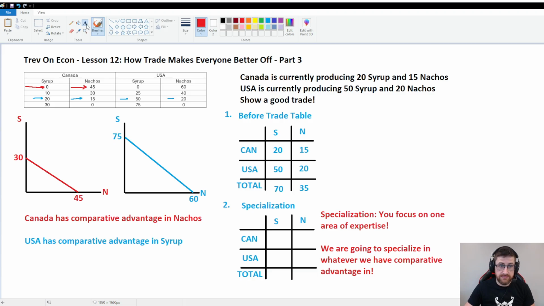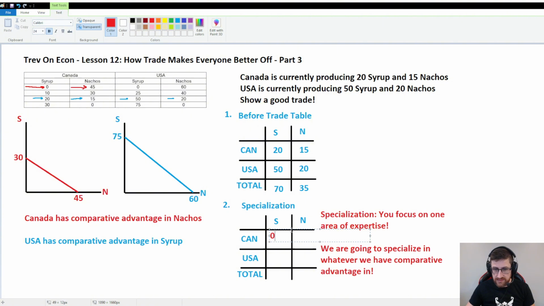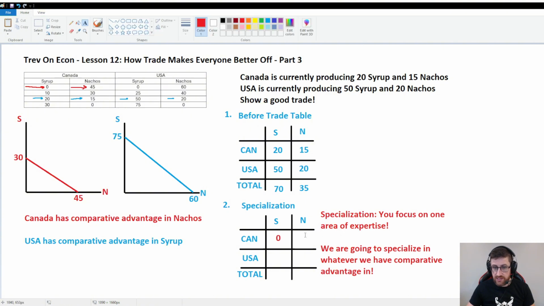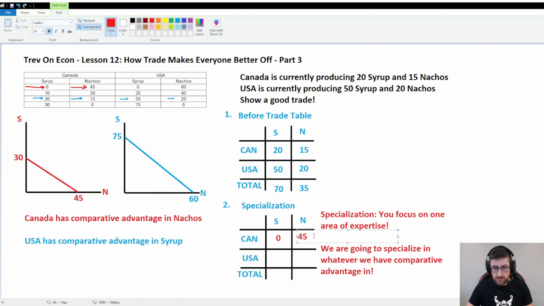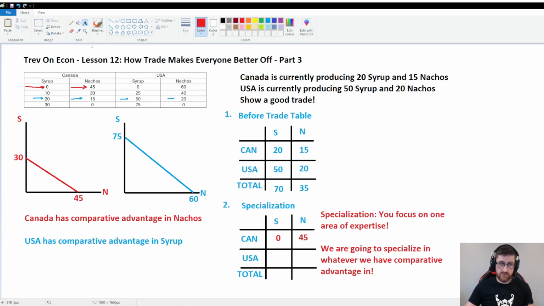So Canada is going to make no syrup, but they're going to dedicate all their resources to nachos. The US, remember with comparative advantage, you can only have comparative advantage in one thing. So if Canada is better at nachos, that must mean the US is better at syrup, which was down here. Right? So 75 and 0.